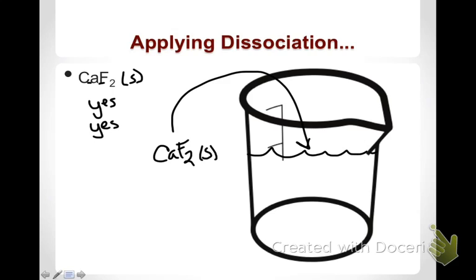So calcium fluoride, if you think about way back when we first started talking about ionic compounds, this comes from the Ca+2 ion and the F-1 ion, and we said that we needed two of those to balance the charge. So when we draw this in solution, if it completely dissociates into its ions, we should have a Ca+2 ion, and then we should have not just one, but two fluoride ions.